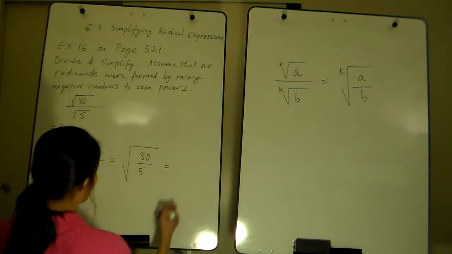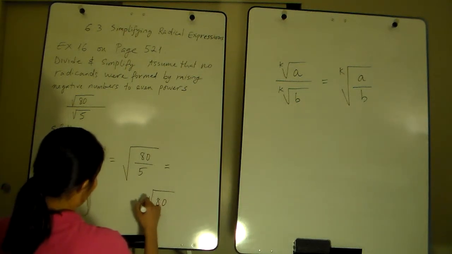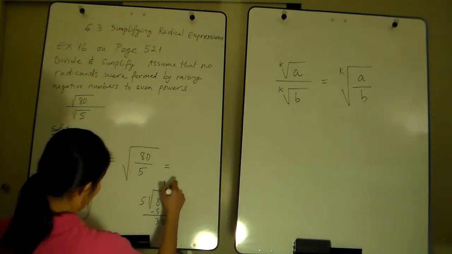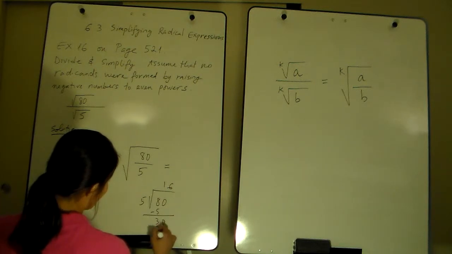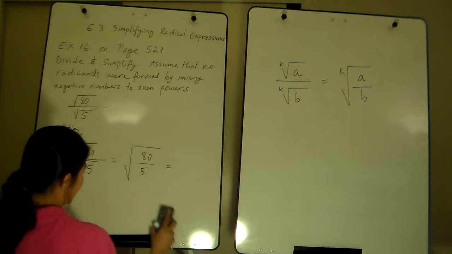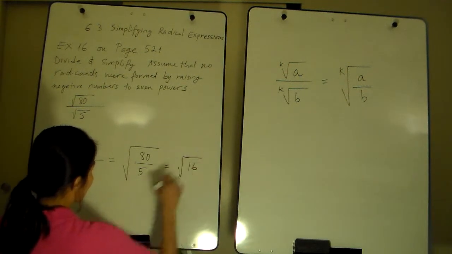Now 80 divided by 5 is, let's see, 16. So you have square root of 16, okay?